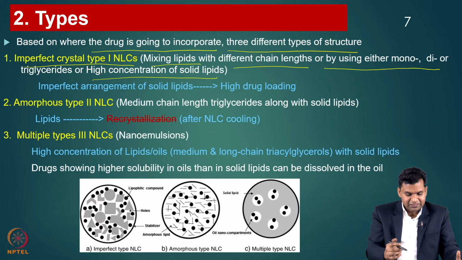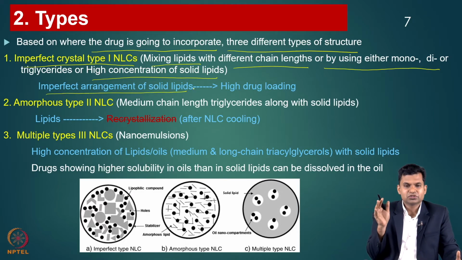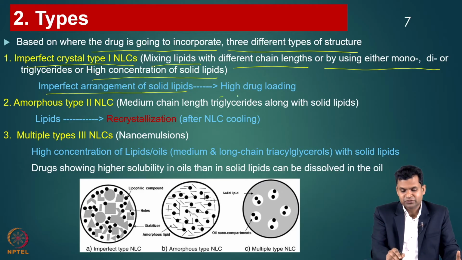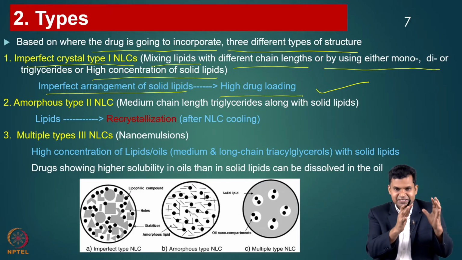So that will induce imperfect arrangements of the solid lipids. This is a classical example of the NLCs, imperfect crystal type 1 NLCs, which we already compared in the previous slide with the SLN and NLCs.